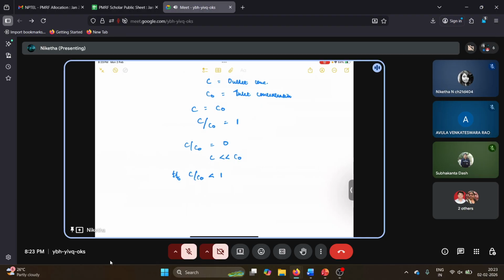And what does it mean if it is greater than 1? If it is less than 1, it means whatever adsorbate is there is getting adsorbed. But if it is greater than 1, it means the adsorbate is not getting adsorbed and is easily coming out.